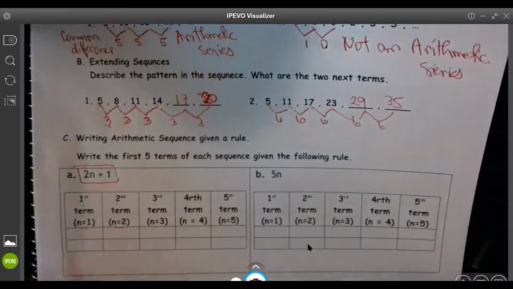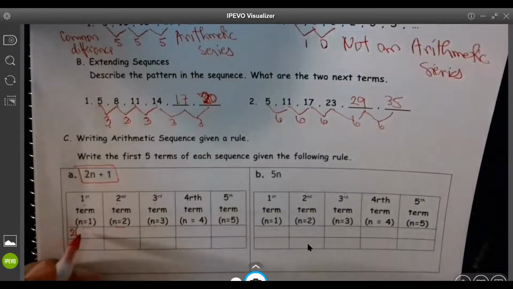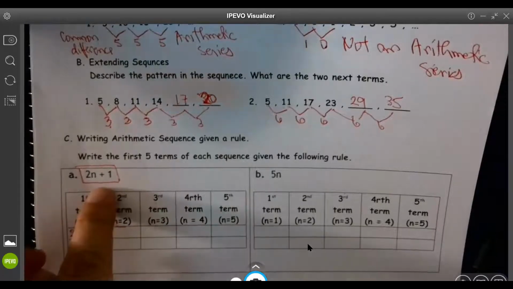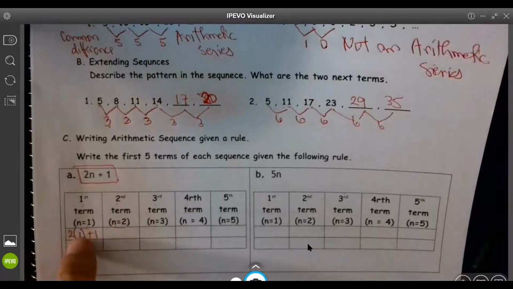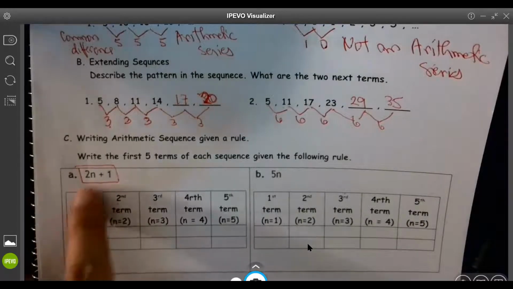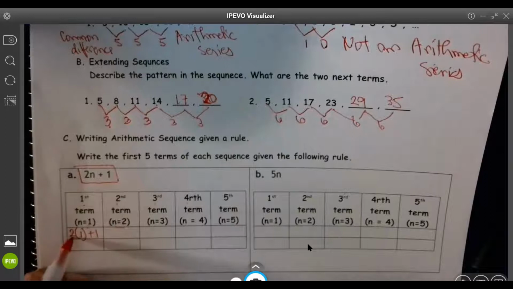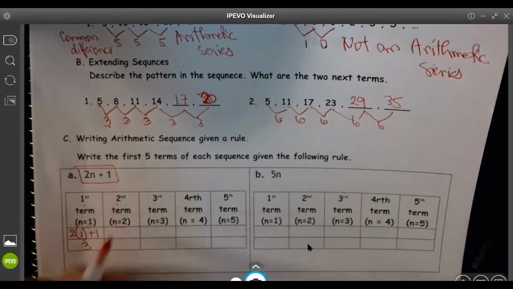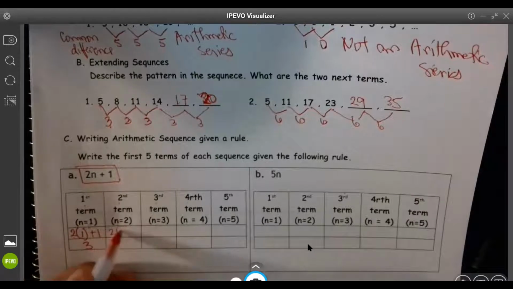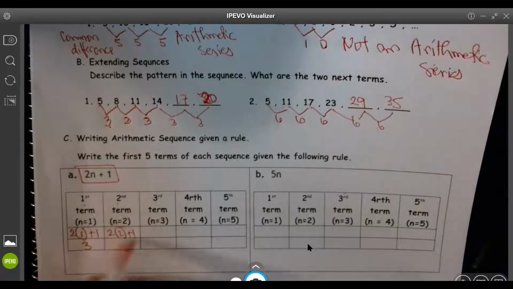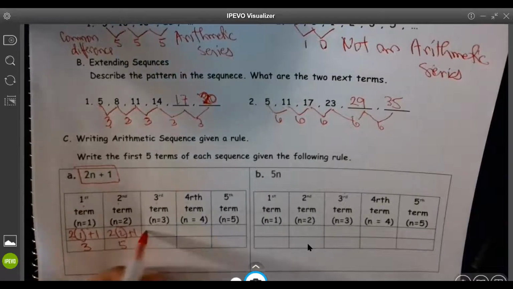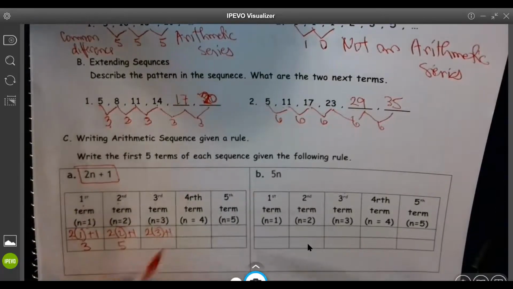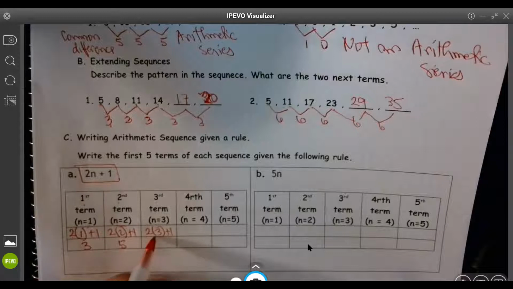So the first one will be 2 times 1, that's n, plus 1. That's the formula. We just plug in 1 for n. So 2 times 1 is 2, plus 1 is 3. Second term will be 2 times 2 plus 1. 2 times 2 is 4 plus 1 is 5. This is 2 times 3 plus 1. 2 times 3 is 6 plus 1 is 7.